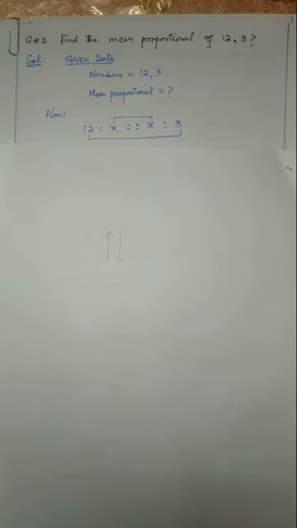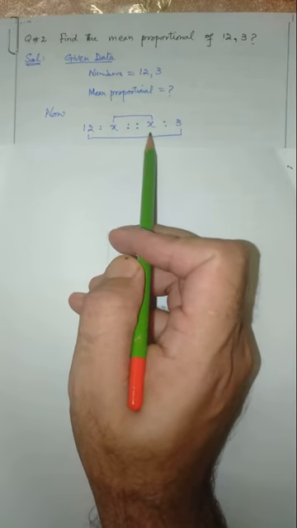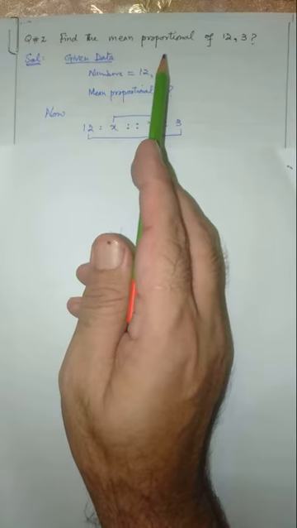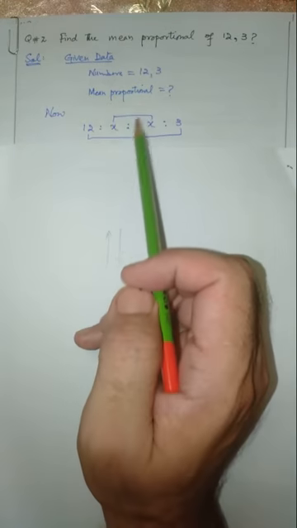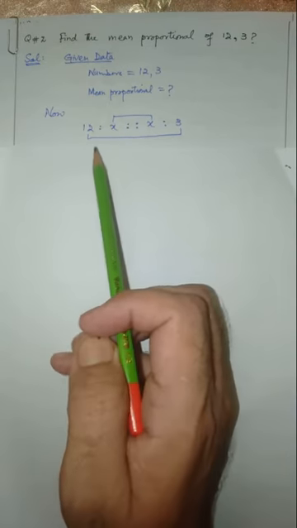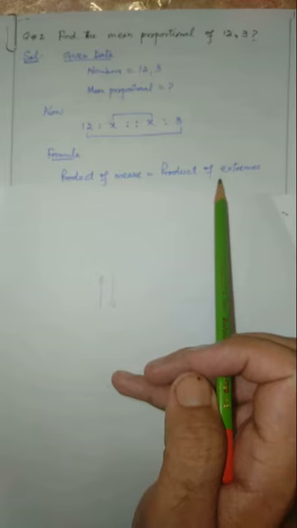Now 12 : x :: x : 3 is the required mean proportional, so the unknown quantity will be written at the mean position. According to the formula, product of means is equal to product of extremes.